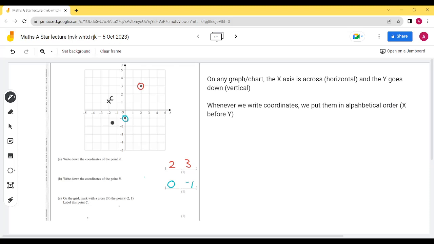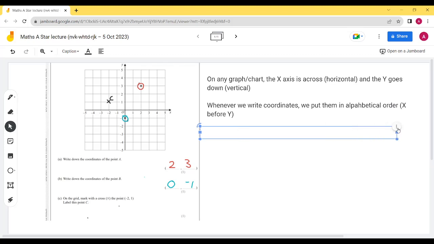Now I'm going to add a couple of questions here just to show a couple of things. Question D: draw on the graph the line x equals 4.